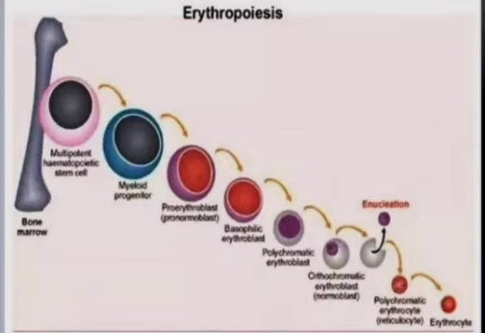The pro-erythroblasts are very large cells. The diameter of the pro-erythroblast is 20. Okay? And the nucleus is large. If we look at the diagram of pro-erythroblast, you will discover that it has a very large nucleus.